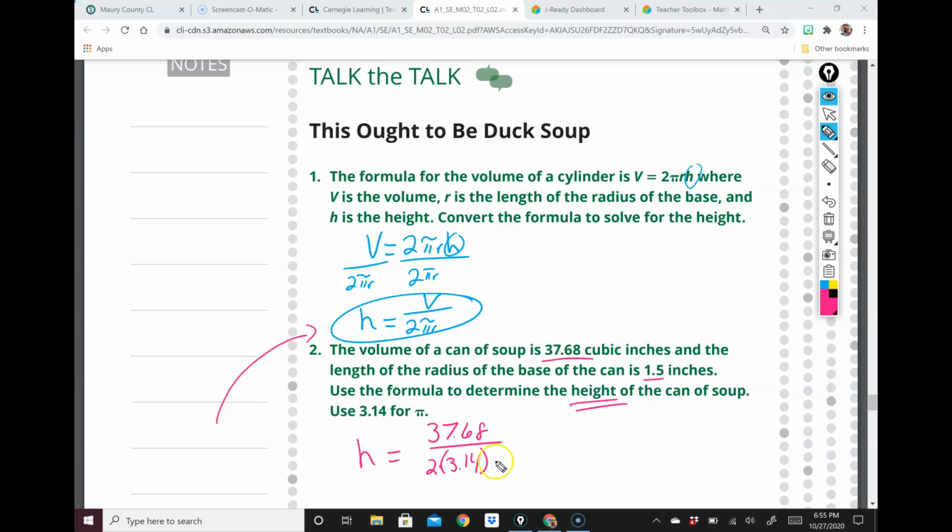And your radius, which is 1.5, and your height will give you 4 inches.